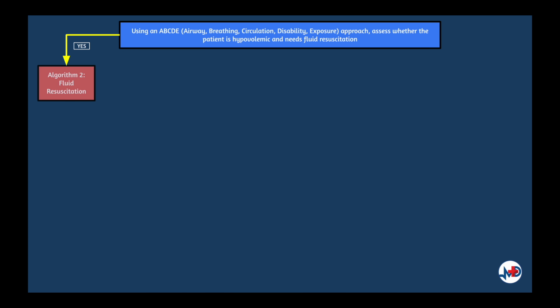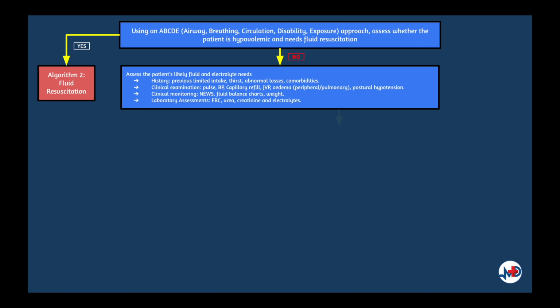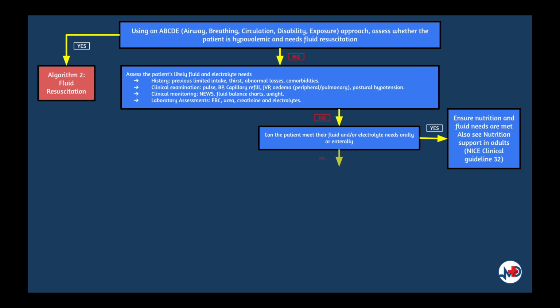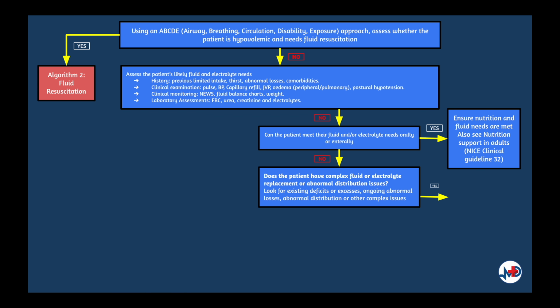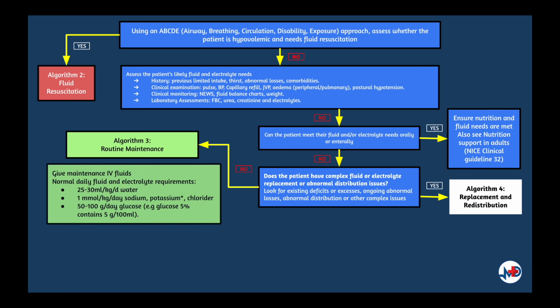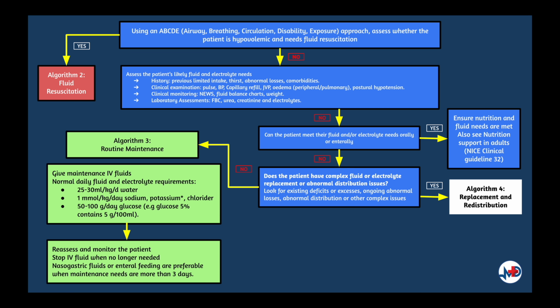Next, let's take a look at the third algorithm, which is routine maintenance. This can be started once the patient is fully resuscitated with fluids. Here, you will need to decide the maintenance of intravenous fluids for the patient by first understanding the normal daily fluid and electrolyte requirement.